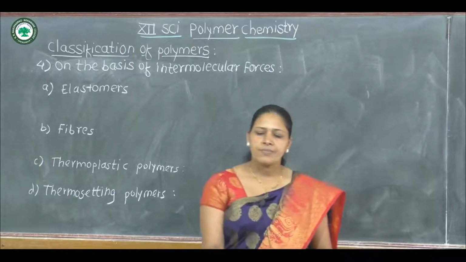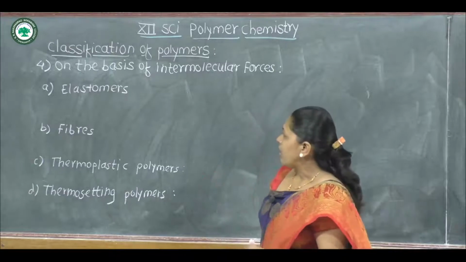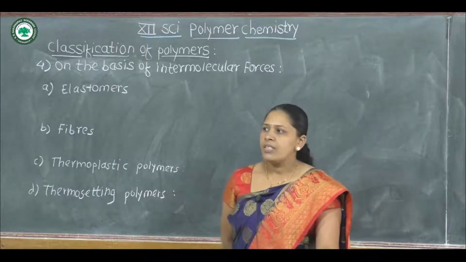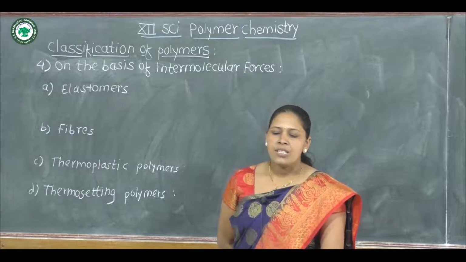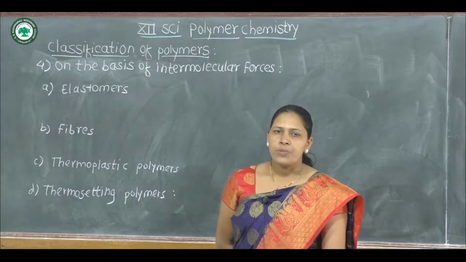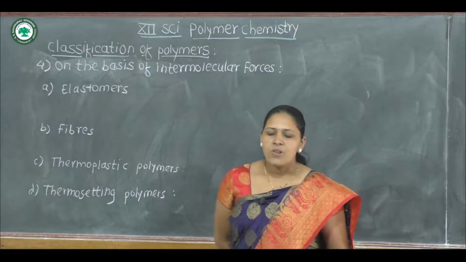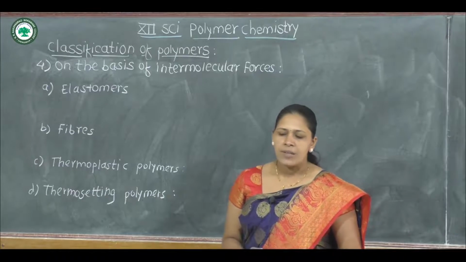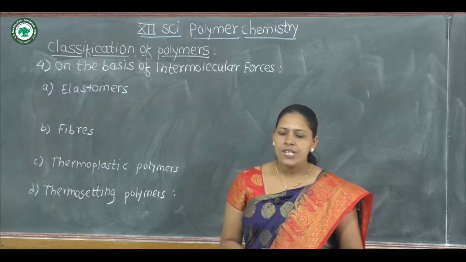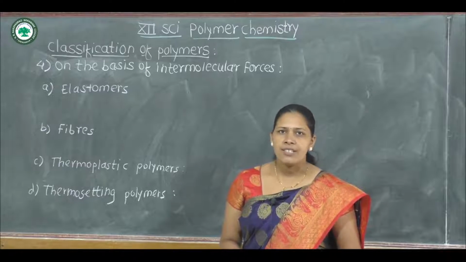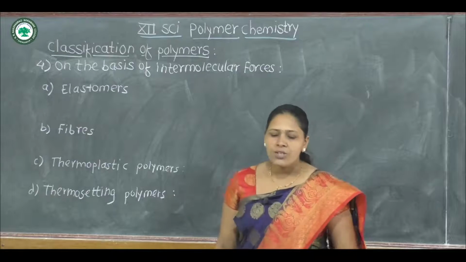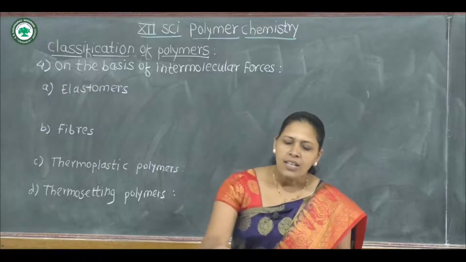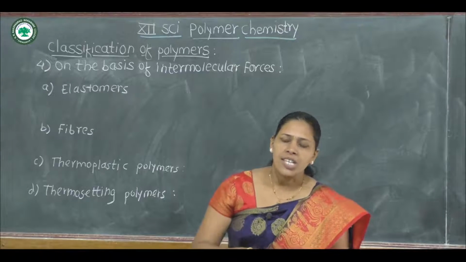First is elastomers. This classification can be carried out on the basis of mechanical properties of polymers such as tensile strength, toughness, stiffness and elasticity. First of all, what is meant by elasticity?